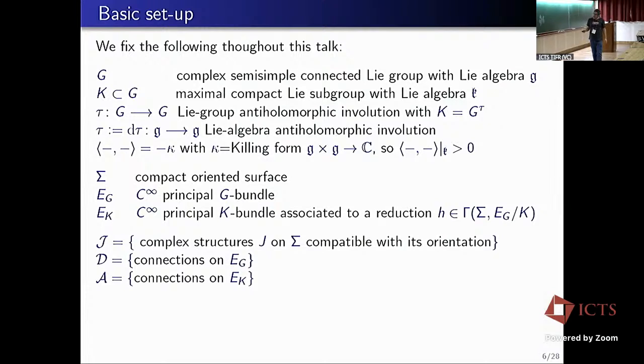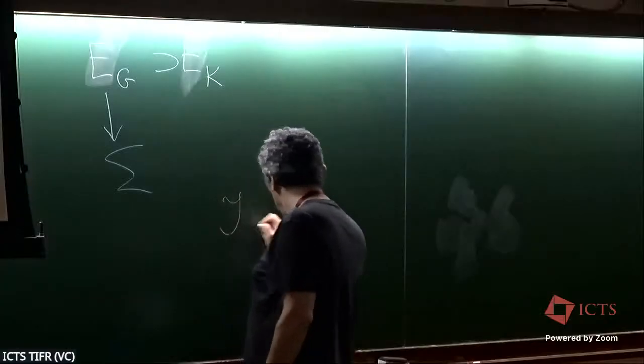G is the space of, if you like, G connections, or sometimes we call them complex connections. And A is the connections on E_K, so we call them sometimes unitary connections. Okay? We have J and G.